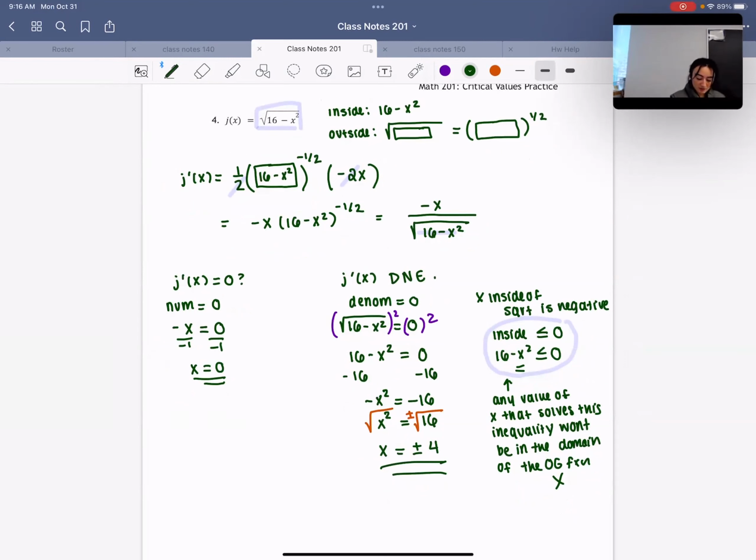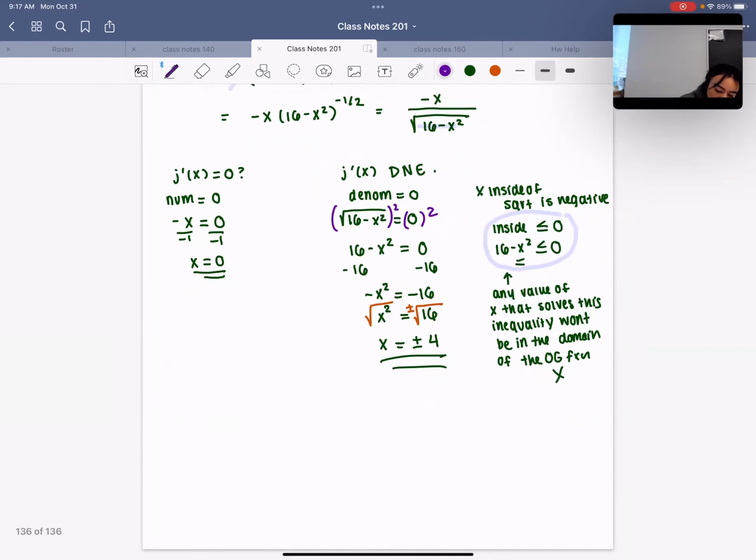We have x equals 0, we have x equals 4, and we also have x equals -4. These aren't our critical values yet because we have to check and see if they actually produce a value in my function. So the way I'm going to check is I'm going to plug x equals 0, -4, and +4 into not the derivative, but the original function, okay?